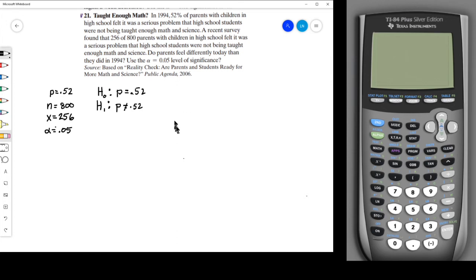So when I come over here to draw my picture, not equal to is going to be a two-tail test. That means maybe it's lower, maybe it's higher, maybe it's not different at all.